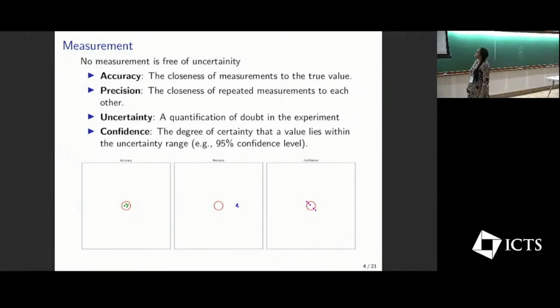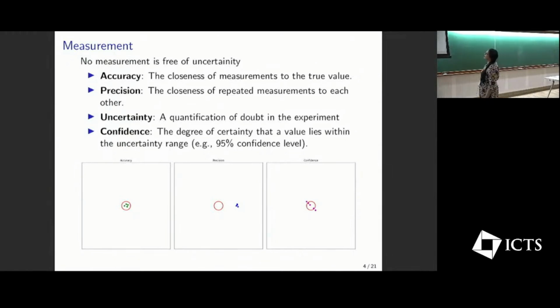So precision is what you would call the closeness of repeated measurements to each other. If the measurements are closer to each other, I suppose you could compare it with another measurement, then it would be a more precise measurement. Uncertainty is something that we talk about a lot today.